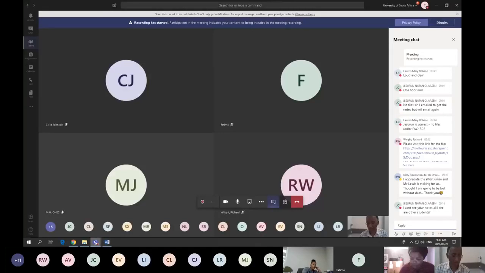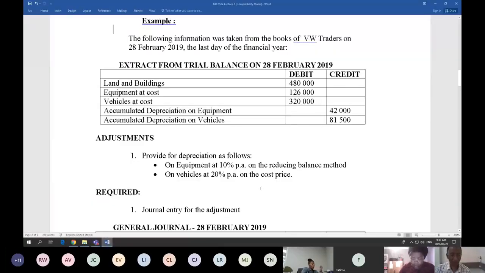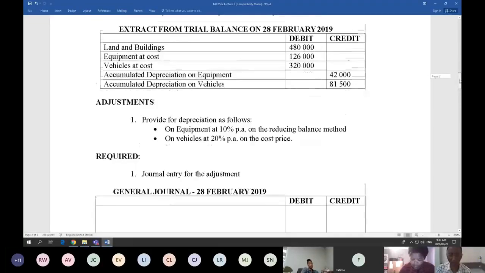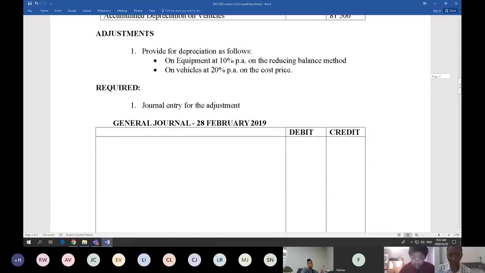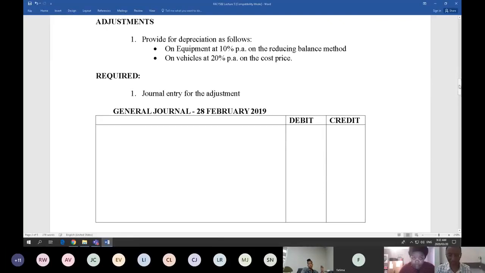Now, let us take a look at the adjustments there. In your adjustments, they are telling you, adjustment number 1, provide for equipment on 10% on the reducing balance method.